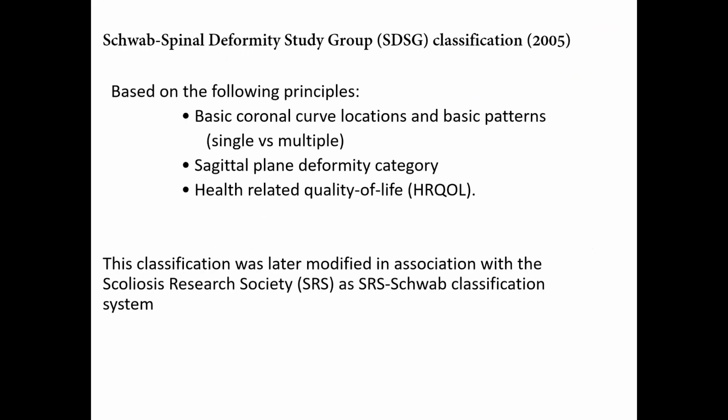In 2005, Schwab and the Scoliosis Research Society group classified based on the principles of basic curve location, the basic pattern and sagittal plane deformity category, and they considered health-related quality of life. This was further reclassified by the Scoliosis Research Society and renamed as the SRS-Schwab classification.